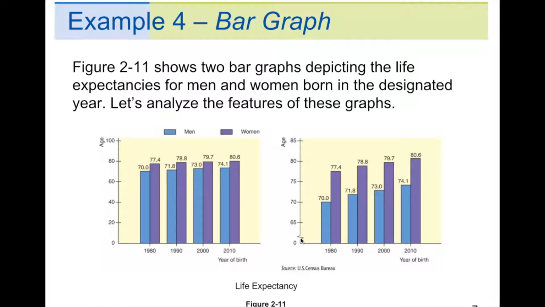And we have this little notation, which I'll talk about more in a second, breaking off. So this says there's a break, a discontinuity between 0 and 65. It's not evenly spaced, and you need to show that. So then it goes by fives all the way up evenly. So it makes the data look different. The left one makes the men's ages look pretty close to the women, but on the right, there's a big difference. Even though it's the same data, it depends on how you look at it.